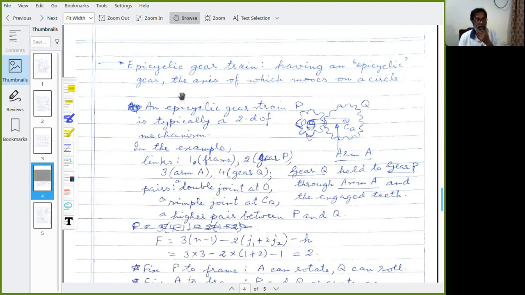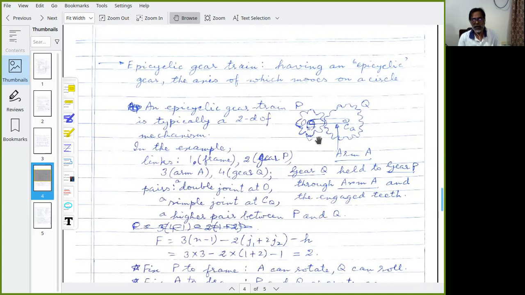Here it is called an epicyclic gear because the axis is turning in a circle. Any point on the periphery, where the gear tooth is, moves on a circle that itself is turning over a circle. So that executes an epicycle. An epicyclic gear train is typically a 2D figure.